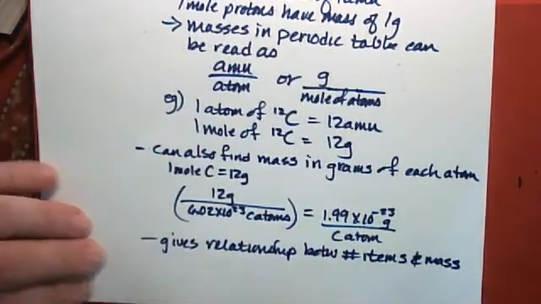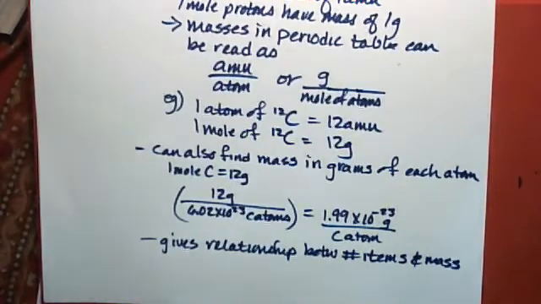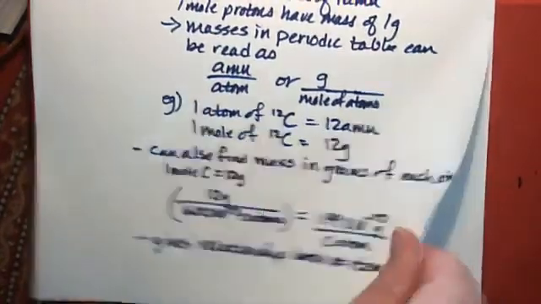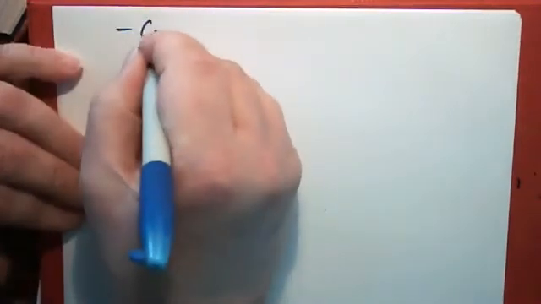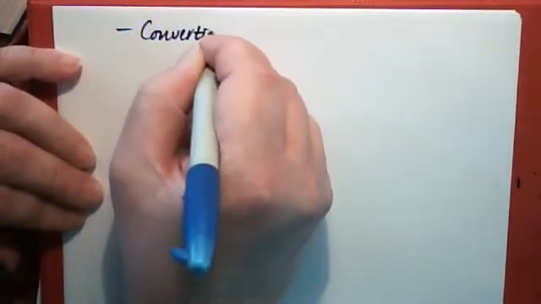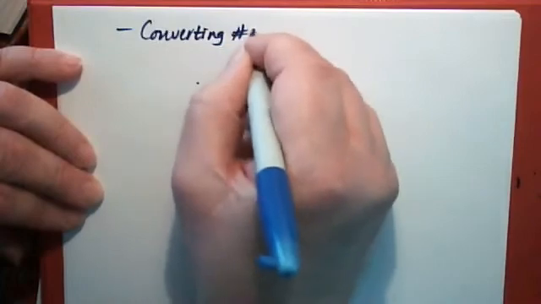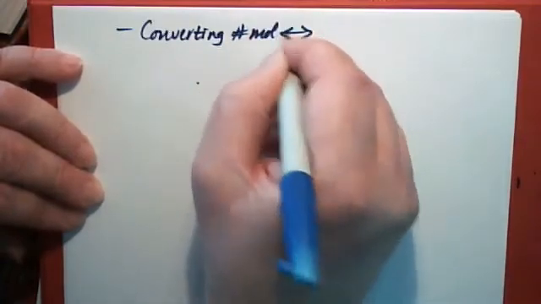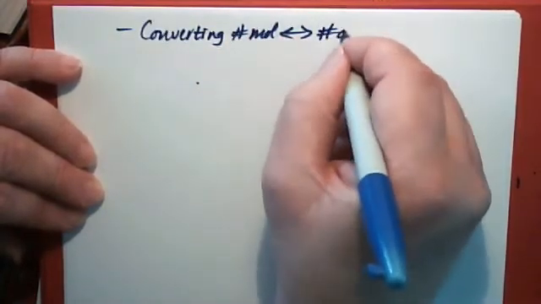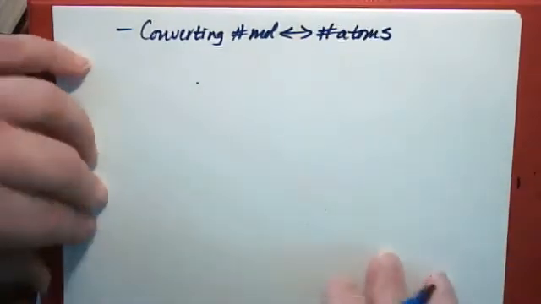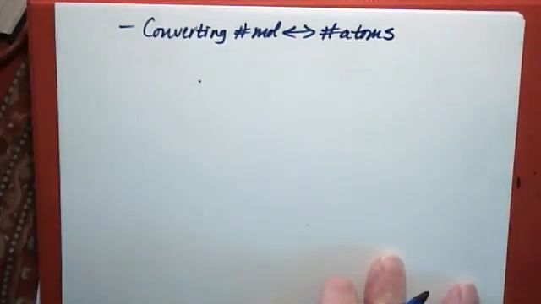And so whenever you're going to try to find the relationship between a mass and a number of items, you're going to end up having to use Avogadro's number. And some examples follow, where we can actually convert between number of moles and number of atoms.